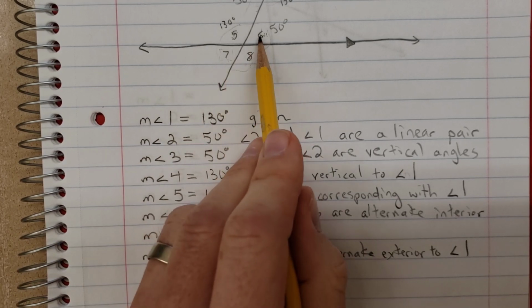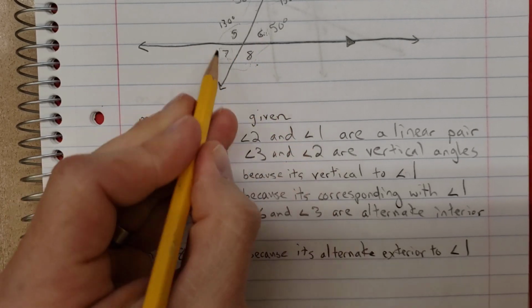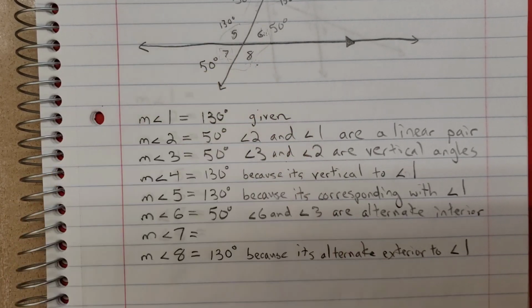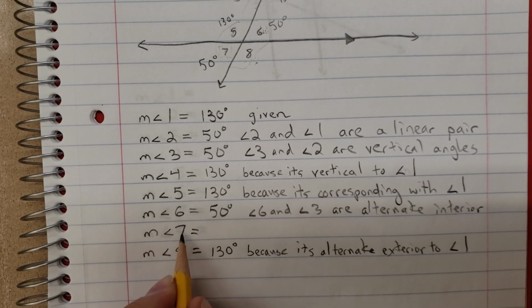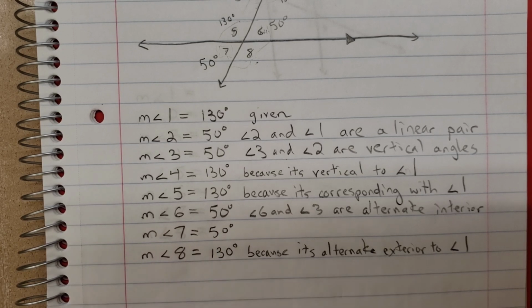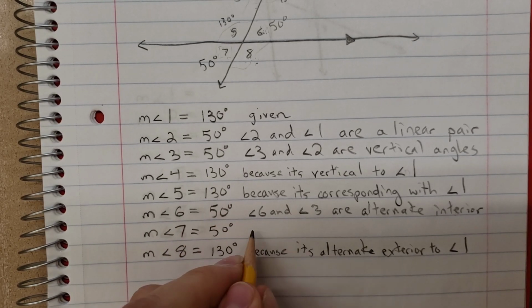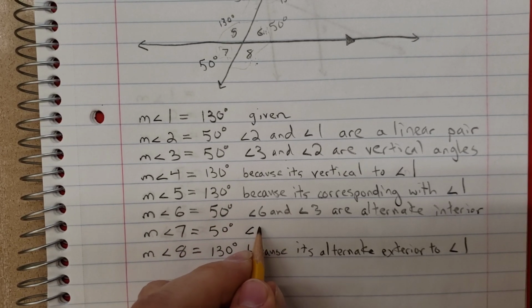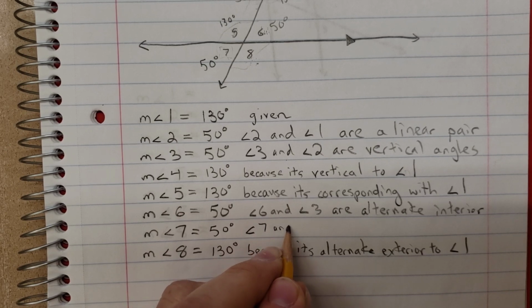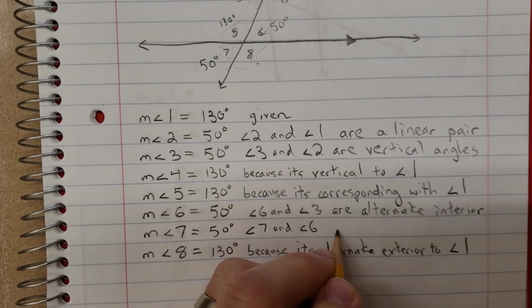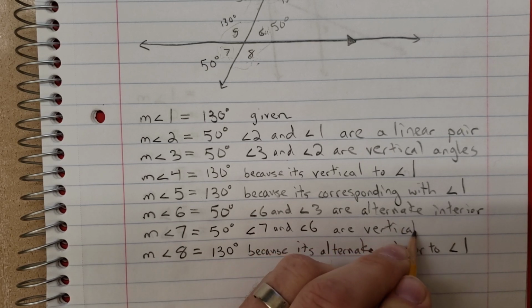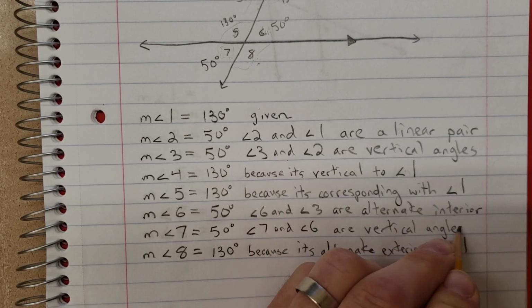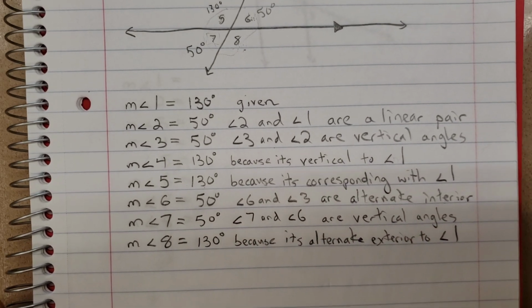Well, let's just go with the easy one. 6 and 7 are vertical angles, so they have to be congruent, so that has to be 50 degrees. Okay, so angle 7 is 50 degrees as well. And our justification is that angle 7 and angle 6 are vertical angles. All right, so there you go, the dominoes.